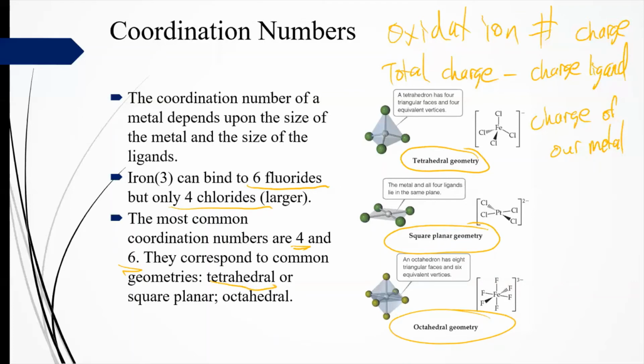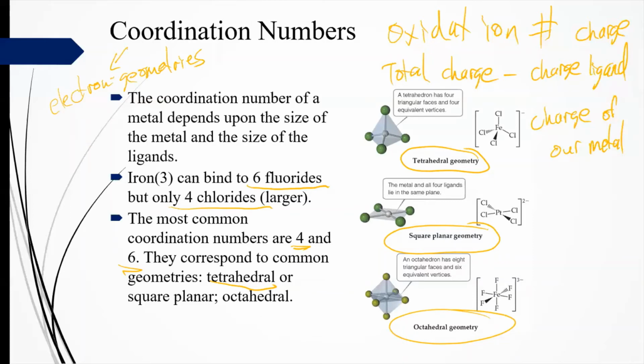What you want to think about is that your coordination numbers are very similar to, or related to, your electron geometries. In the same way that we used to find them based on how many things were connected to them, you can do something similar for this one. When we are looking for your coordination number, all we have to do is tie it in with our number of ligands.